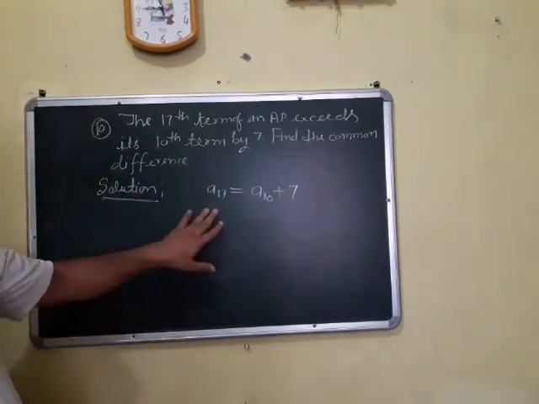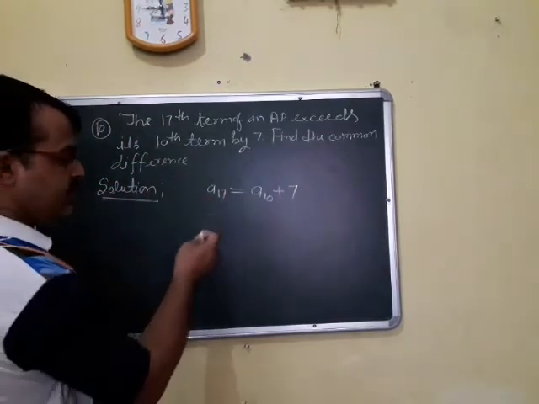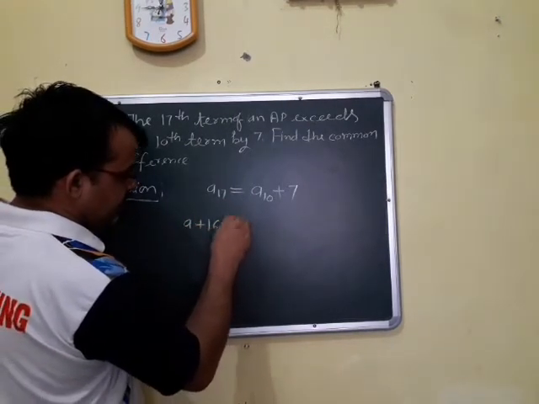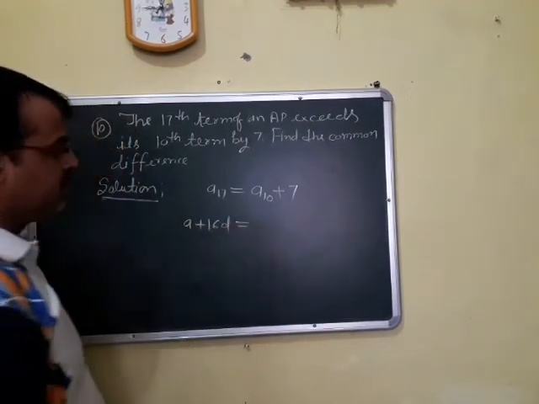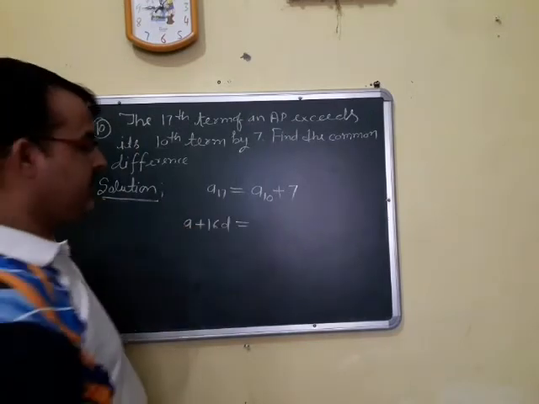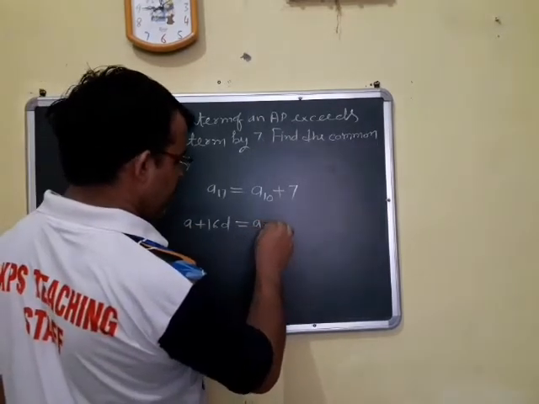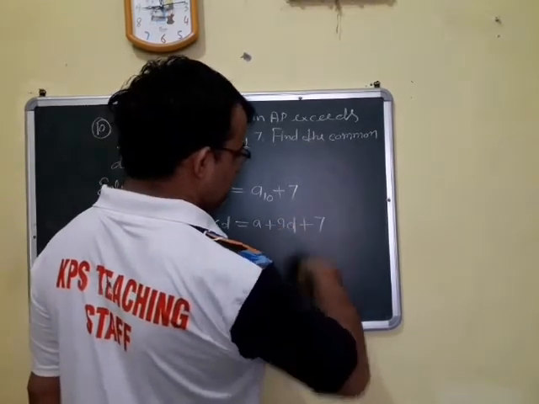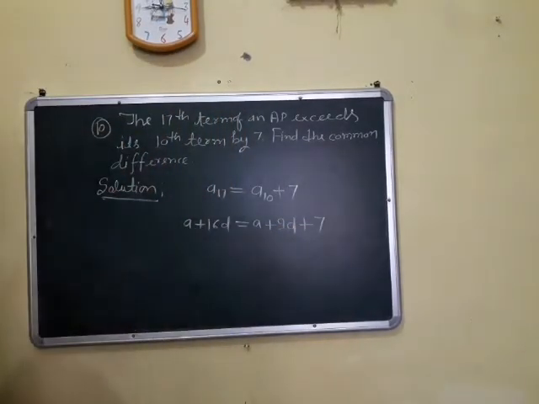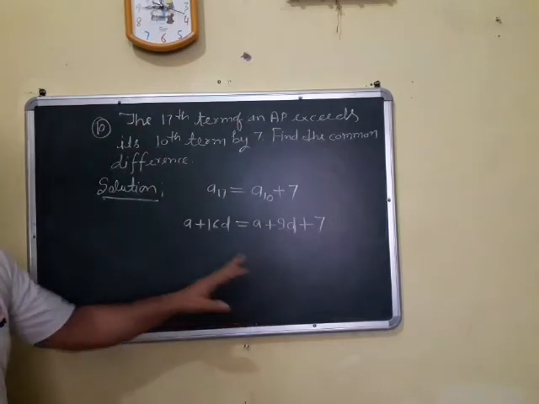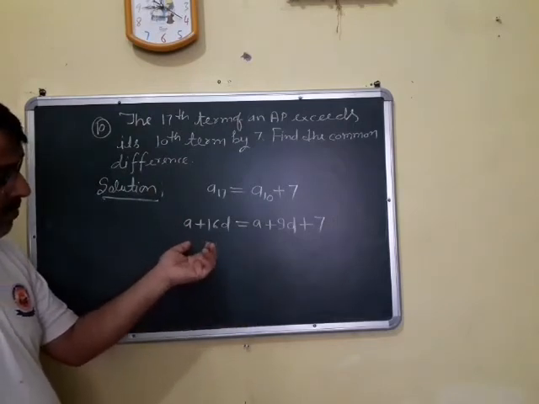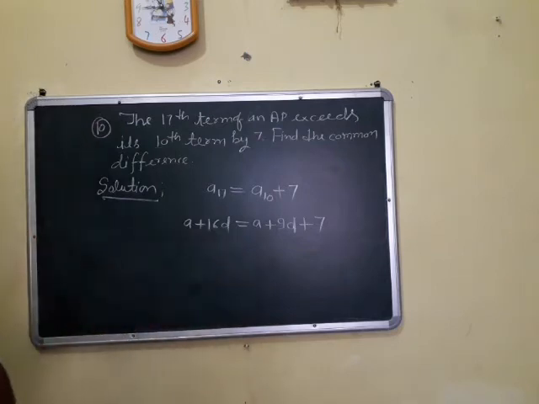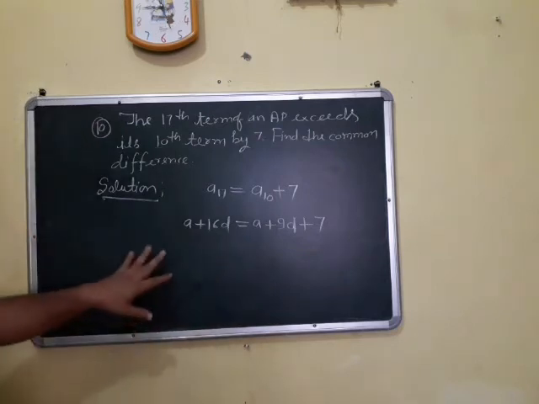So the 17th term is A plus 16D, is equal to the 10th term A plus 9D plus 7. You find this equation. Now what we find here? Look, we have to find D.